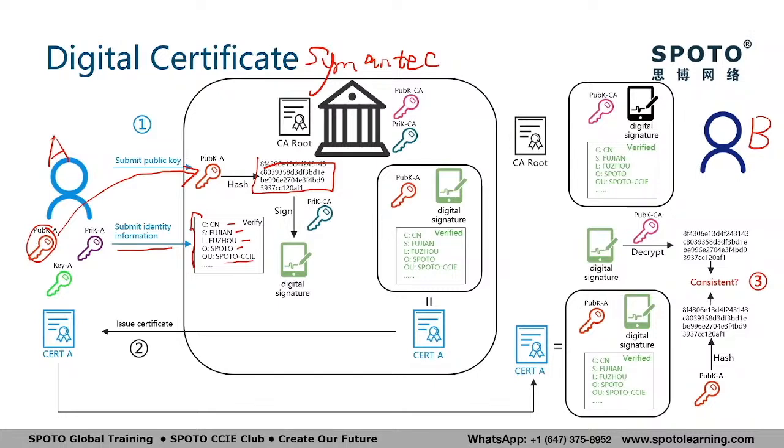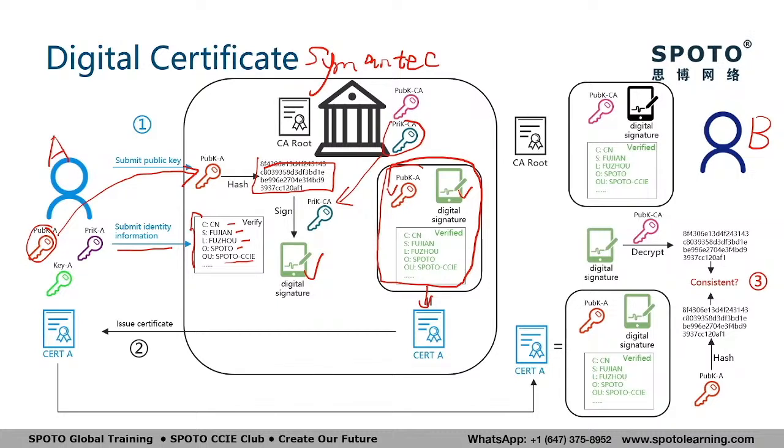Then Symantec will verify this, then use Symantec's private key over here to sign a digital signature for user A. Then Symantec will put the user's public key and its digital signature together and pack them up into a package. This package becomes a digital certificate.